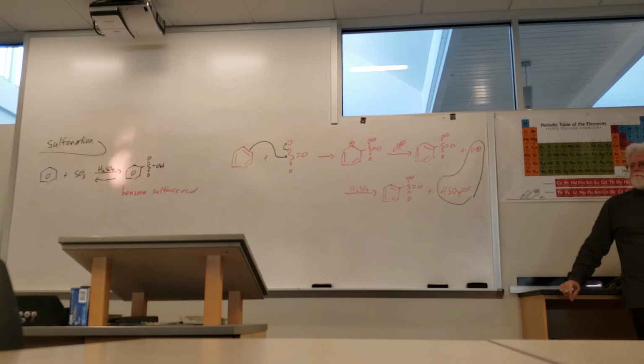Okay? So mechanism slightly different simply because it's not an out-and-out positively charged electrophile attacking the ring. But it's something where the sulfur has a significant partial positive charge, and probably more importantly, in a Lewis acid sense, it's poised to be receiving a pair of electrons.